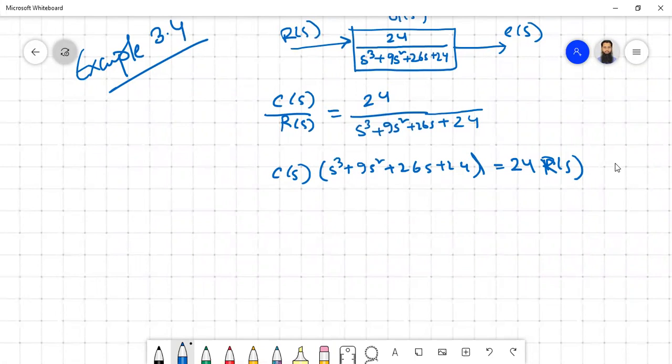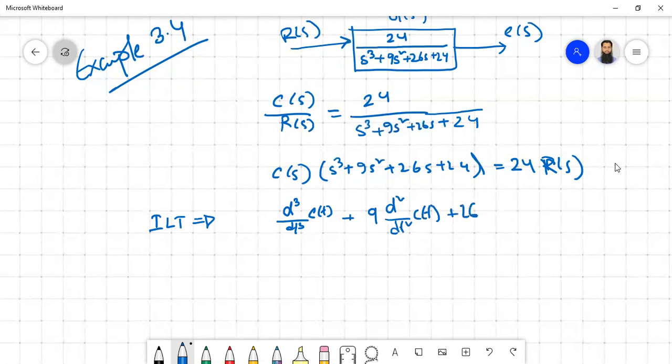You can write it in derivative form, something like this: d3 by dt3 of c(t), applying the inverse Laplace transformation, plus 9 d2 by dt2 of c(t) plus 26 d by dt of c(t) plus 24 c(t) equal to 24 r(t).